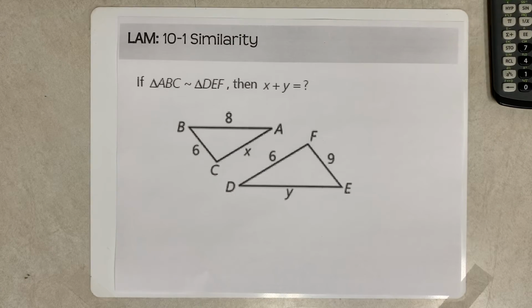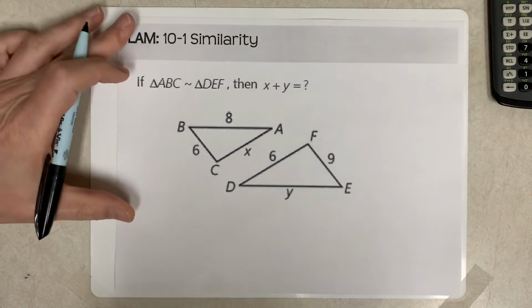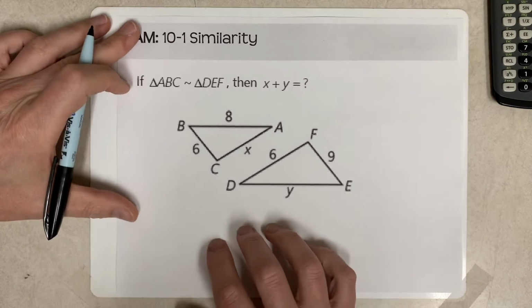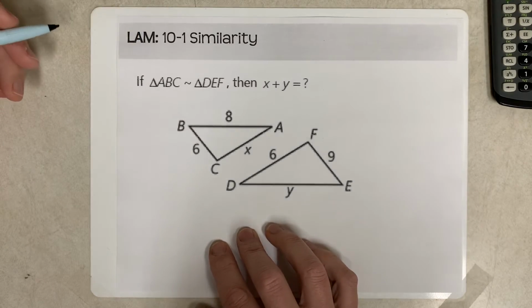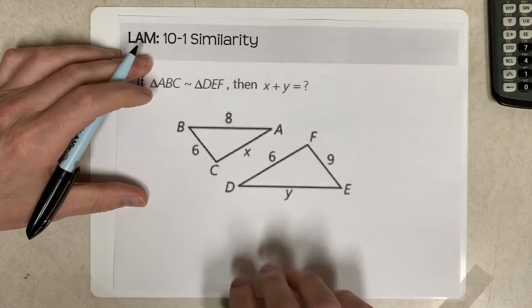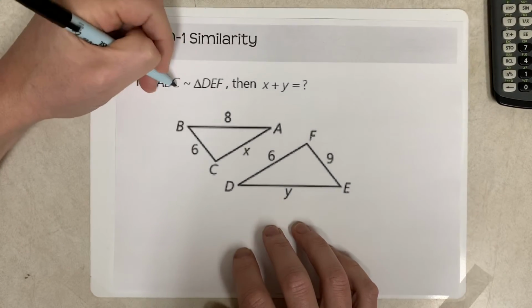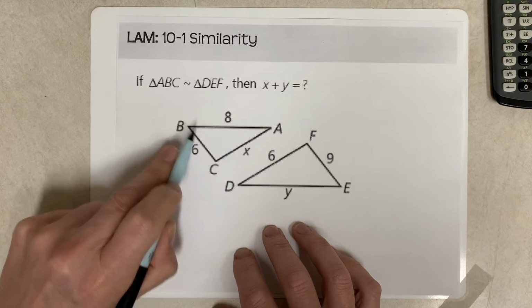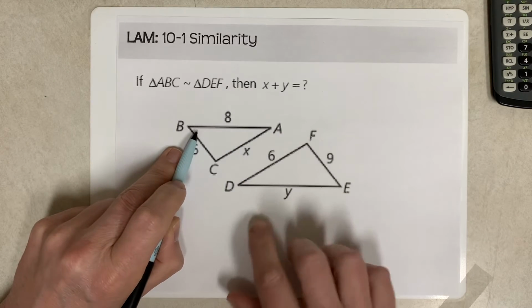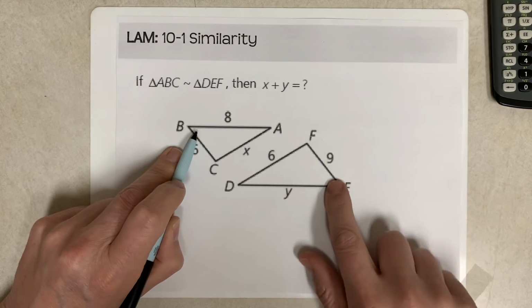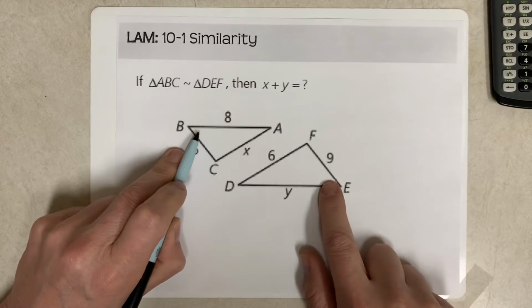Okay, this time, A, B, C, D, E, F, and I have x plus y I need to find, so let's do a scale factor. These are now flipped around. So I'm gonna kind of help myself out. A, B, C, this angle, D, E, F, this angle. So these two angles are matching up.